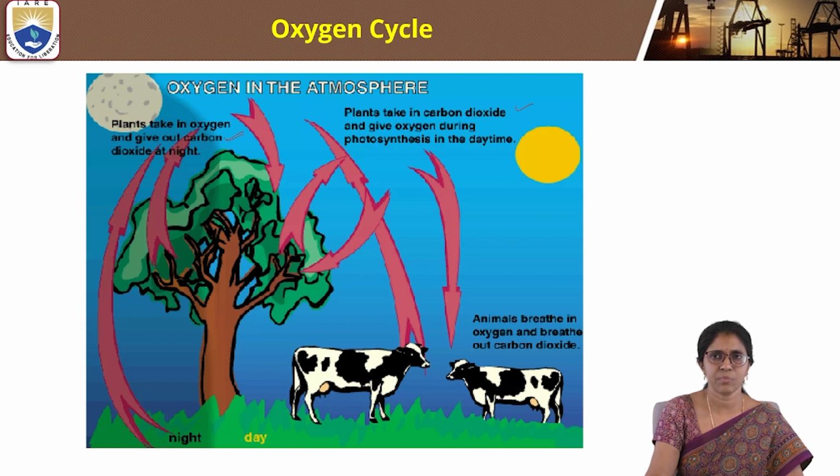This oxygen is used for the respiration of animals, which breathe in oxygen and breathe out carbon dioxide. This is the process of the oxygen cycle in the atmosphere.